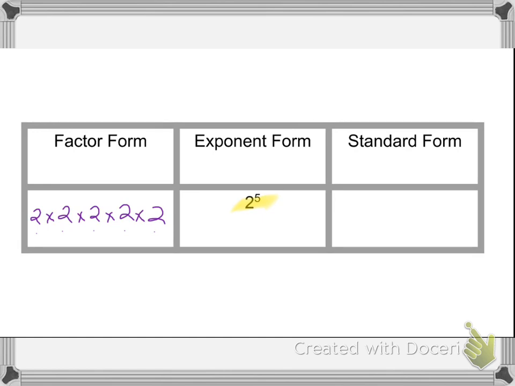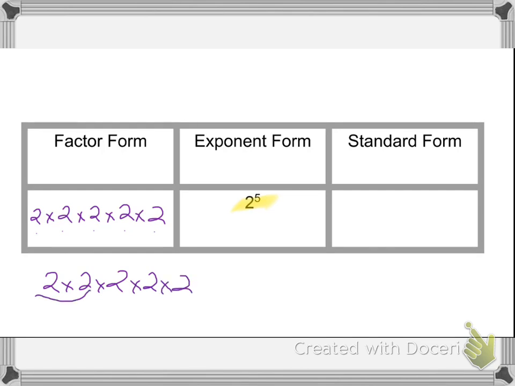Standard form is the way in which we see numbers normally. We always are writing them in standard form. So what I'm going to do is take this 2 times 2 times 2 times 2 times 2, and I'm going to multiply it out.